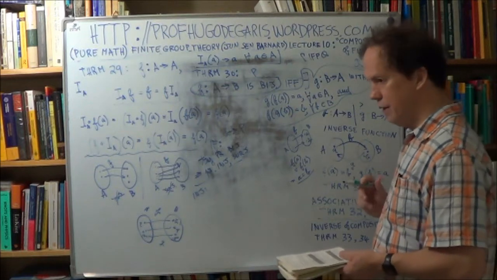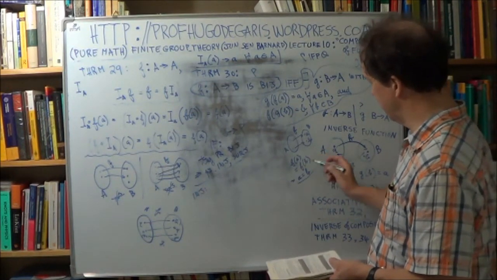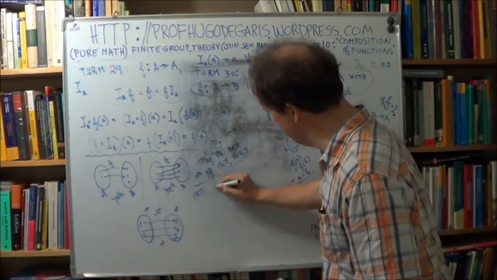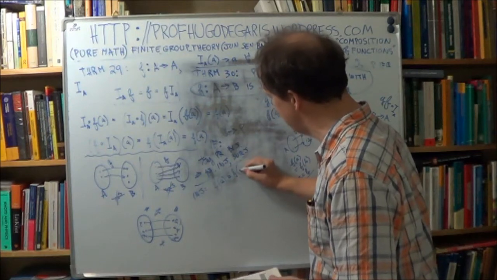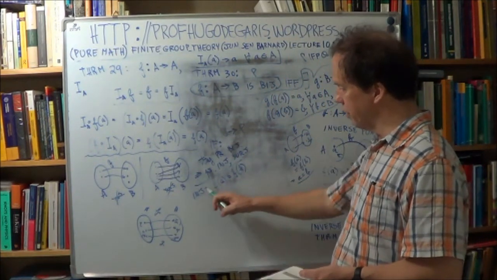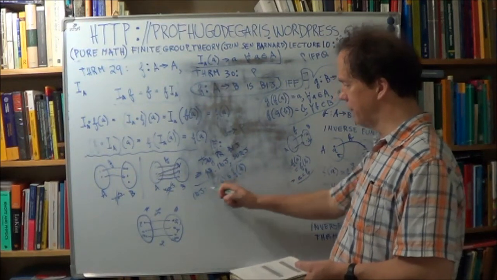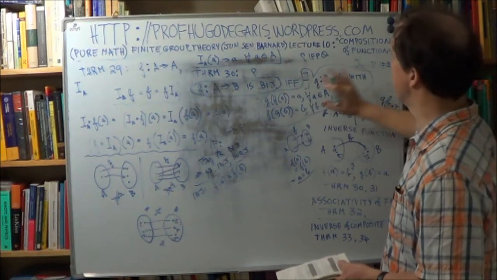Okay, so let's try to prove that. Okay, so we'll assume that f of a equals f of b. Right? This is the standard proof technique for showing that a function f is injective. And we're given this, right?